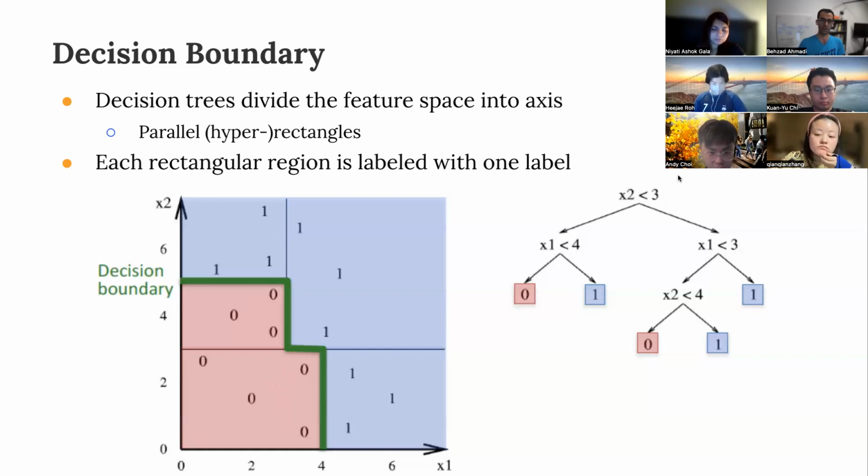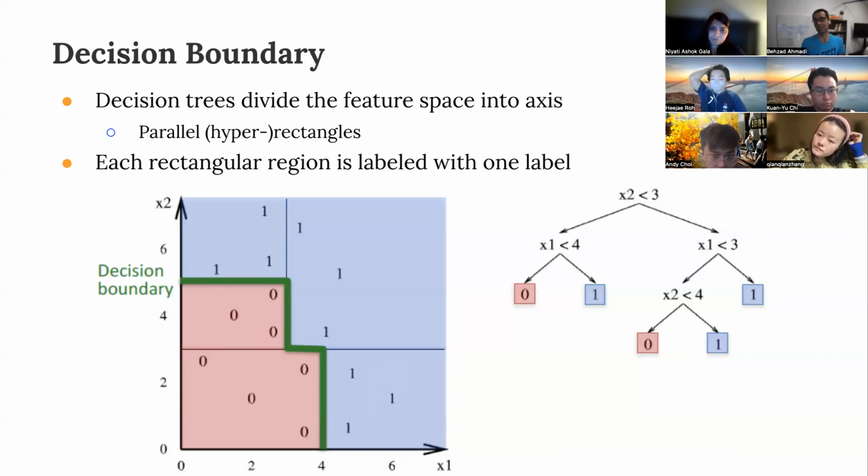So this first couple of splits gives you all the zeros here, perfect homogeneity. If x2 is smaller than 3 but x1 is larger than 4, you get this one, also homogeneity. And you have to keep going. So you see how it goes, right? That's what it does.